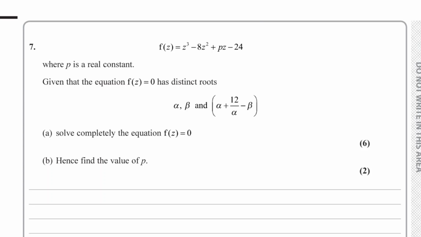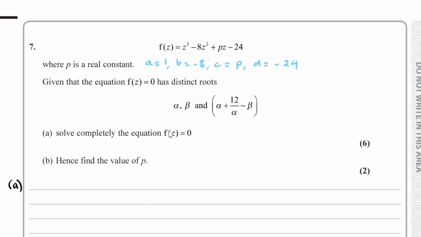first thing I like to do is label the values of A, B, C and D. So A is equal to 1, B is equal to minus 8, C is equal to P, D is equal to minus 24. And therefore, for part A, we can find out the sum of roots, which will enable us to find out the values of alpha and beta.